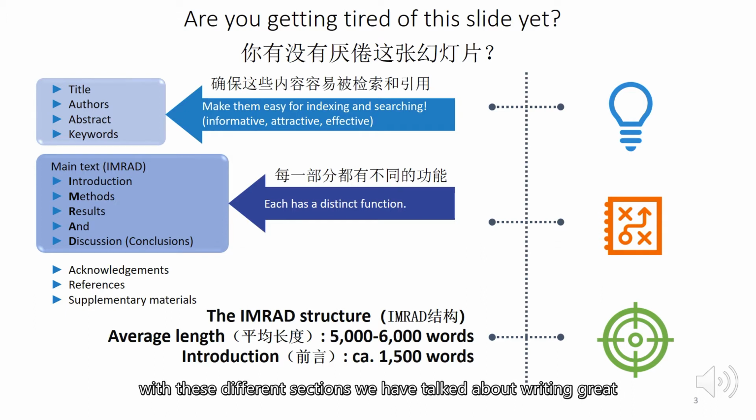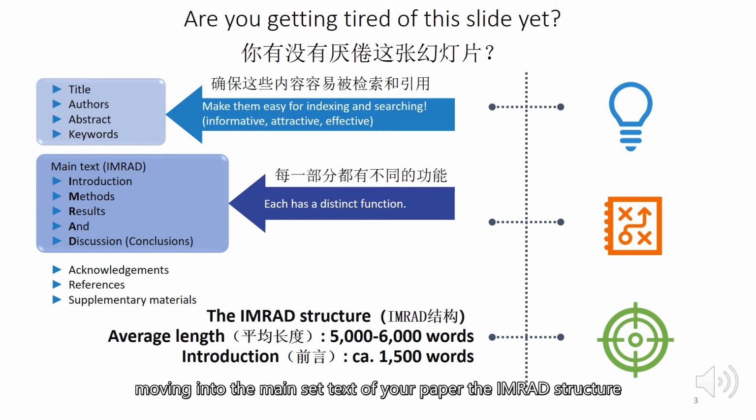We have talked about writing great academic titles and abstracts. I've given you templates and tricks and insights in order to do this, making your title and your abstract easy for indexing and searching. They need to be informative, attractive, and effective, of course.